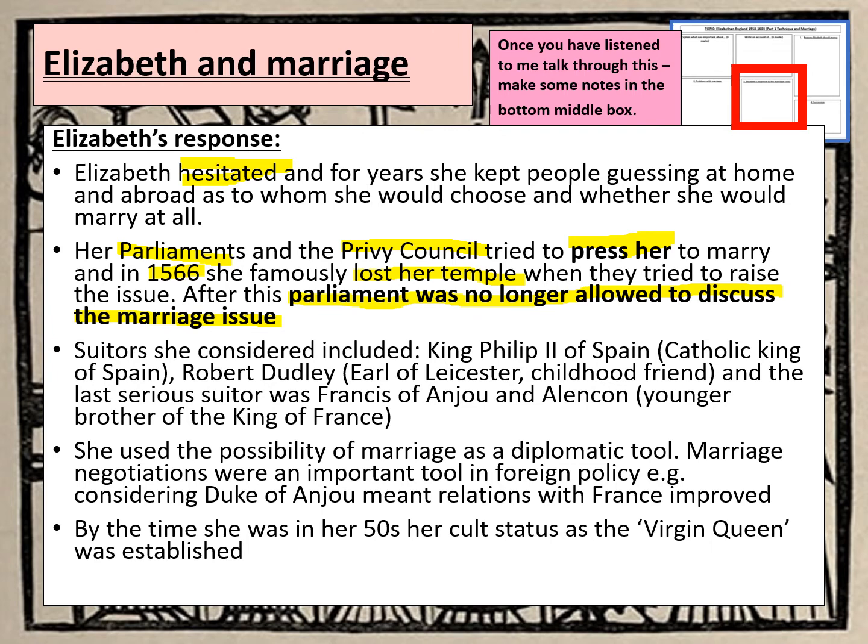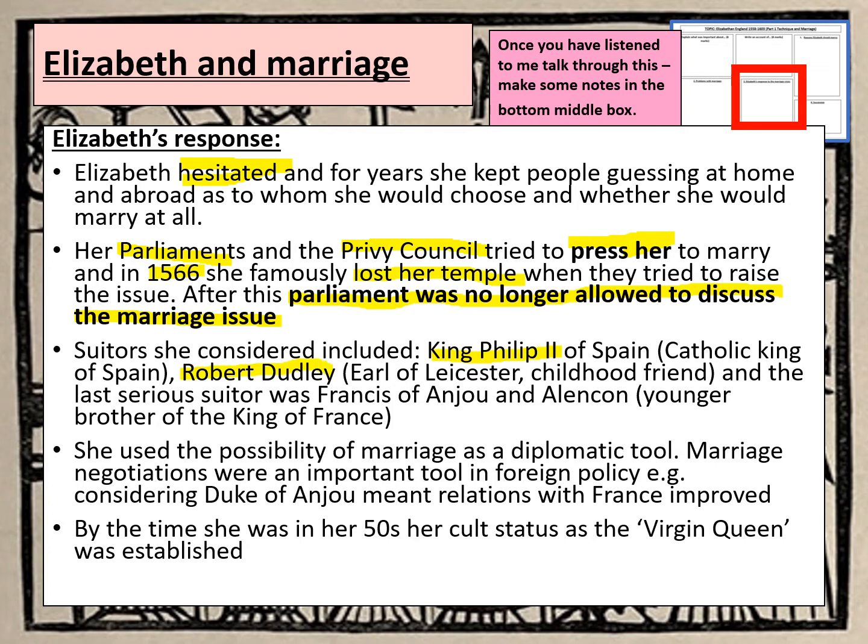She did consider a number of suitors over the years. She did, but I never think actually seriously consider Philip II of Spain. Number one, because he'd been married to her sister and not a very good husband. And number two, he was quite old. And of course, he was Catholic. She did consider Robert Dudley, but unfortunately, he was already married.